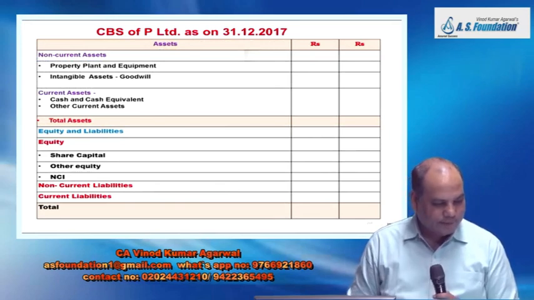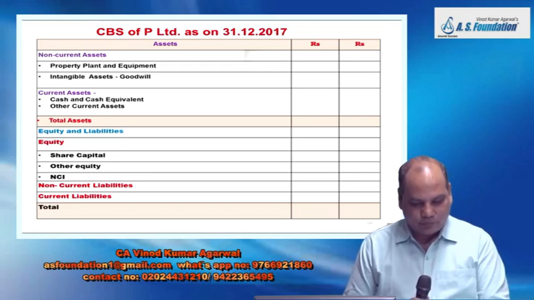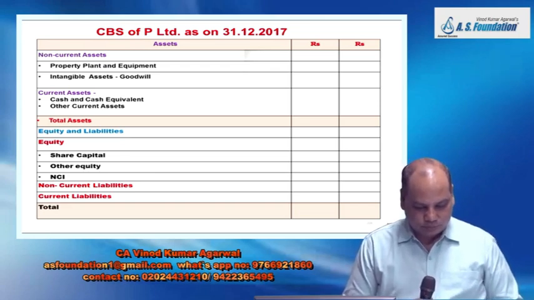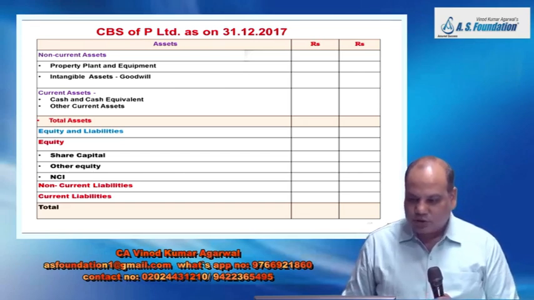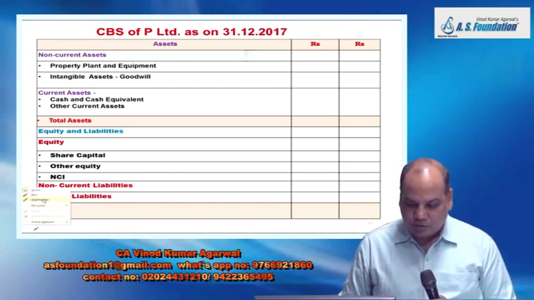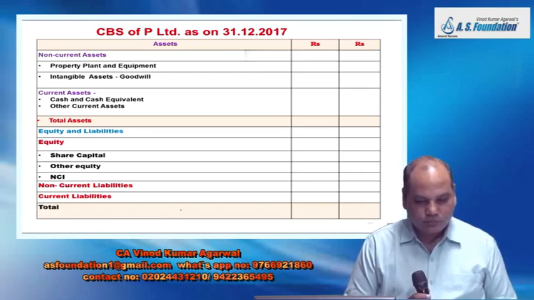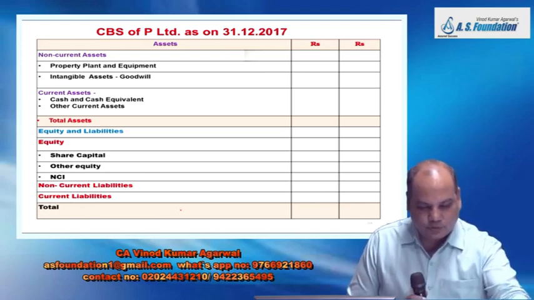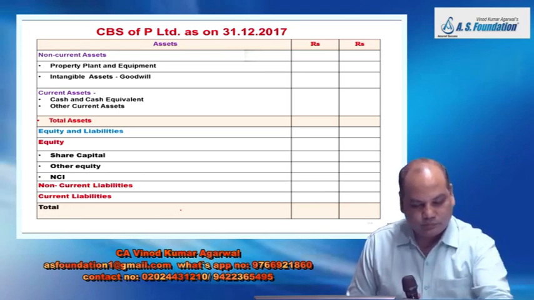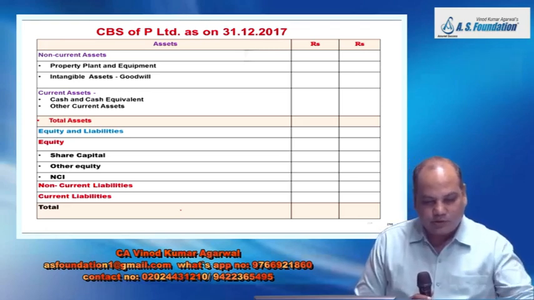So start with property, plant, equipment. First you just write down here 900 plus 400. Just write down there 900 plus 400. Is it right? Don't take the total because there are many adjustments there.